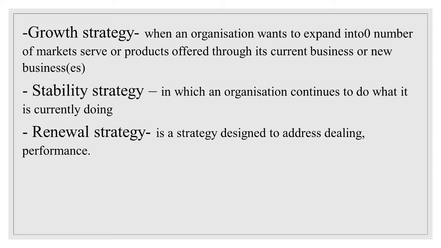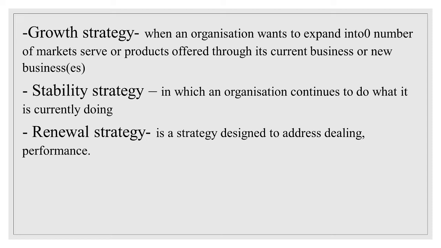Under growth strategy, we have four different strategies. The first one is concentration, which focuses on its primary line of business and increases the number of products offered or markets served in its primary business. The second one is vertical integration, whereby we have backward vertical integration, where the organization becomes its own supplier.